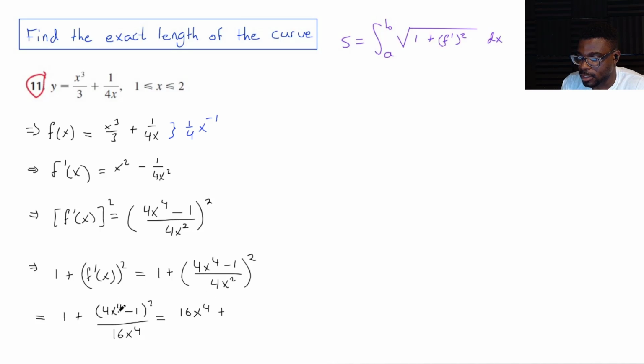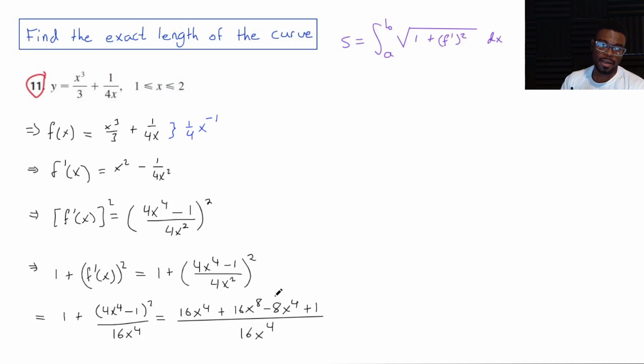And we're going to expand this here. So this will come out to be 16 times x to the power of 8 minus 8x to the power of 4 plus 1, and then we're going to divide this by 16x to the power of 4.